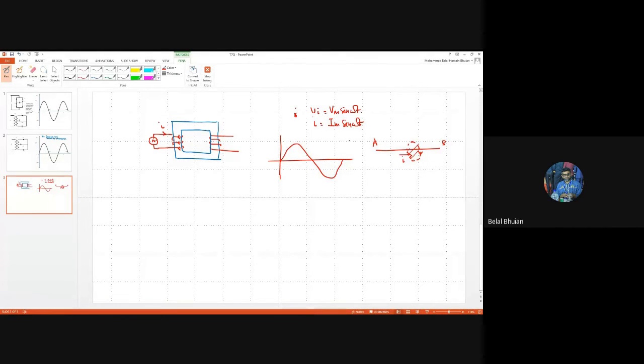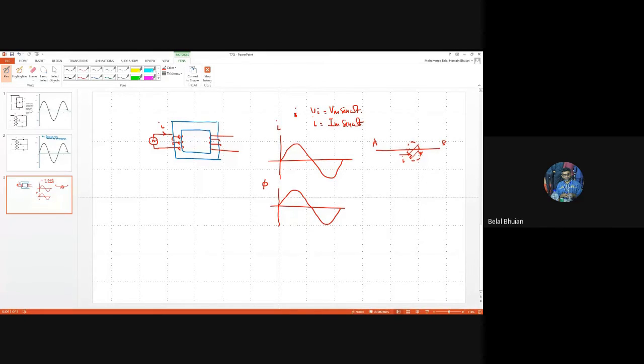Now, if the current is constant, the magnetic field will be constant. But if the current is changing, what do we expect? The magnetic field will also be changing. So if you have a changing current, you can expect the magnetic flux, expressed as phi, to also be changing.